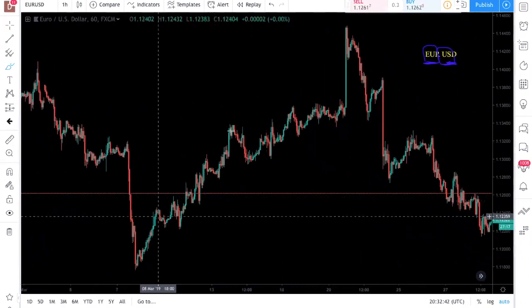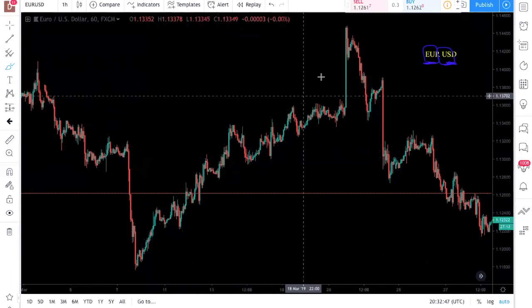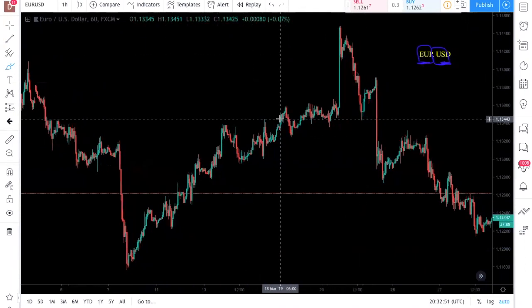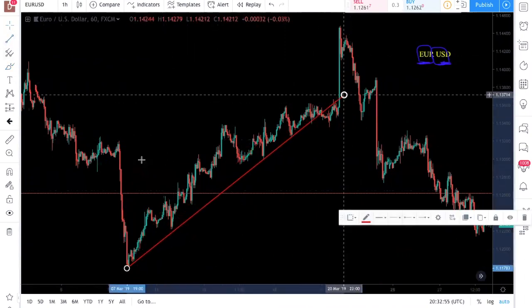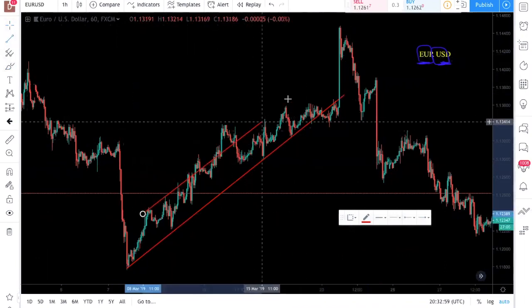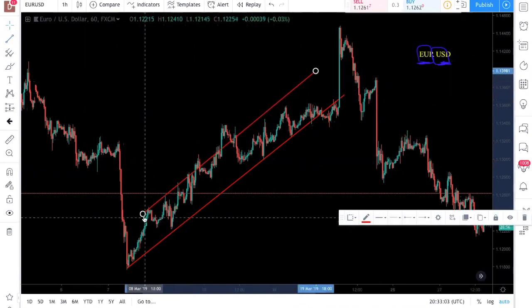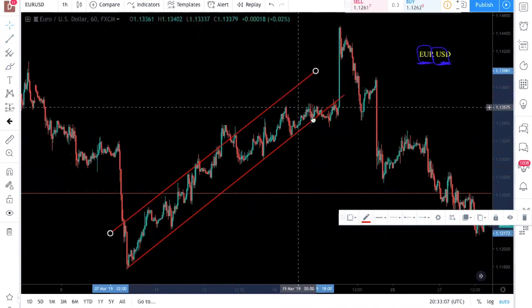All right, so if you take a look here and glance at this area over here, you can see it clearly made an uptrend, right? I can draw a couple trend lines just to help you guys see it. So you can see that the market moved up in this area.